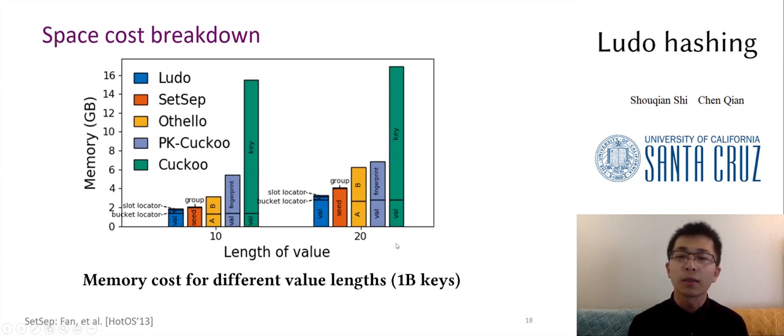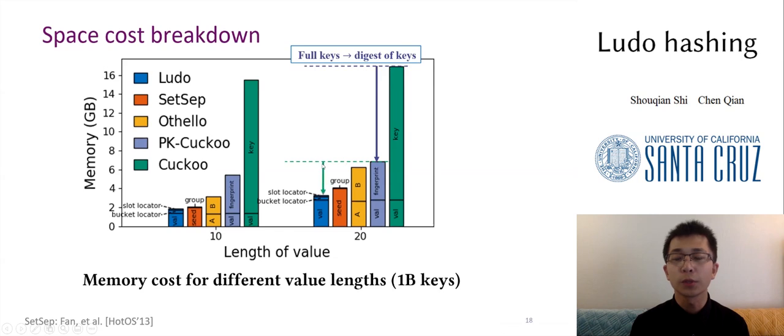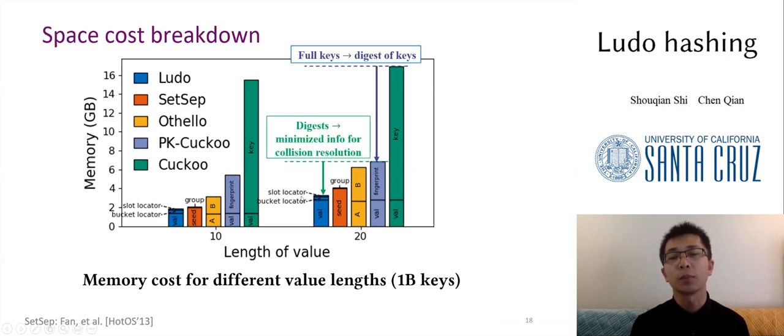Note that Othello embeds the values in the two arrays A and B. Again, the partial key cuckoo gains space saving by replacing the full keys with key digests, while Ludo further reduces the space cost by using the bucket locator and slot locator to replace the key digests, while SASAP shows comparable memory cost when the value is 10 bits. It is hard to update, to our knowledge.